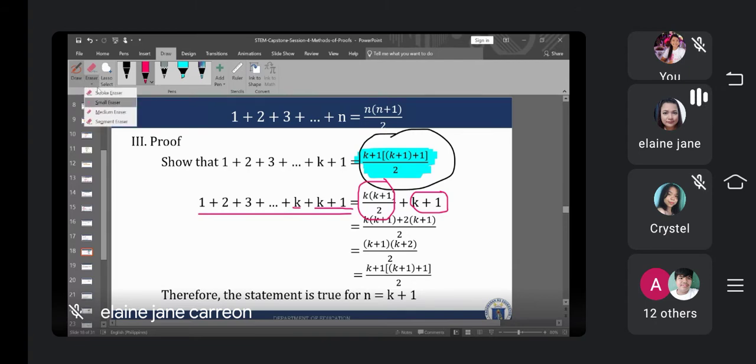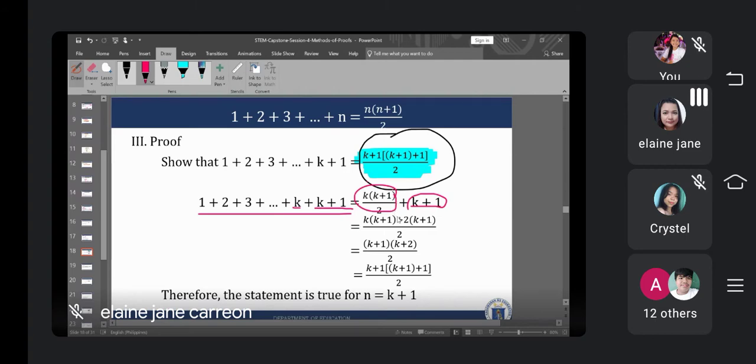Burahin ko para hindi kayo malito. Okay. Now, we have to make this as a single fraction. Ibig sabihin, gagawin natin siyang isang fraction lang kasi dalawa siya, oh. Kumbaga, ito, whole number, ito, fraction ito.